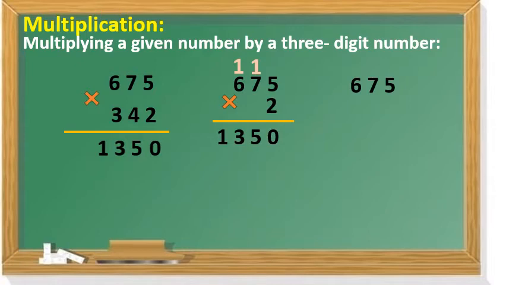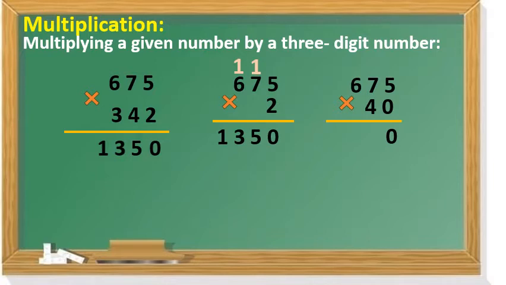Now we will move to the multiplication from the tens place. That is, 4 is there in the tens place, so we are writing 40. Okay? Now 0 first we will give here, because the unit place is 0.